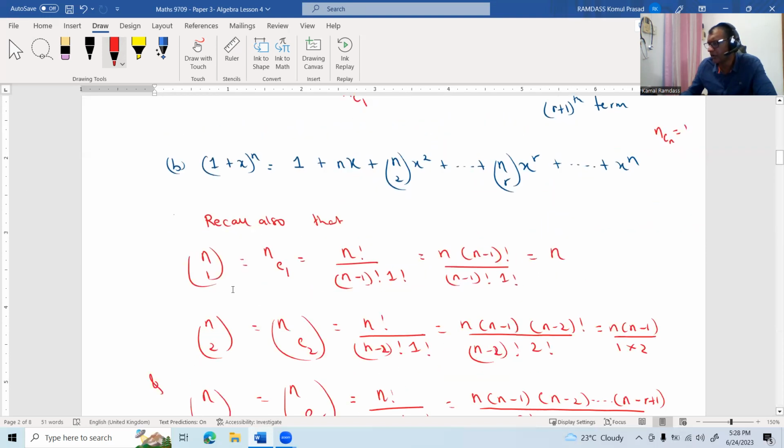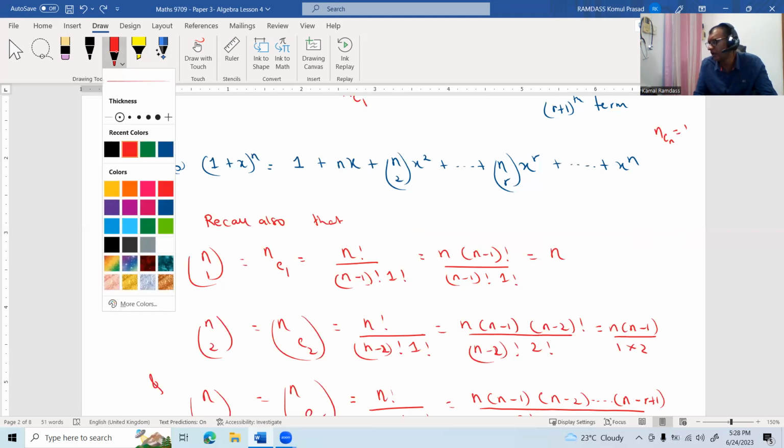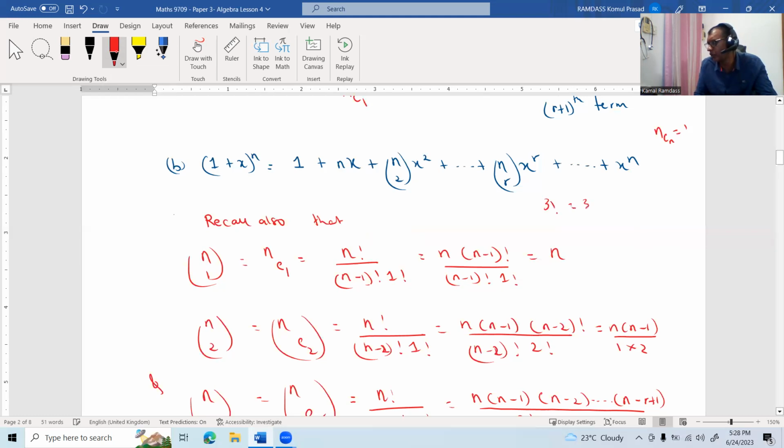Bon, nous recall also that nC1 est égal à n factorial divided by n minus 1 factorial, 1 factorial. Et là, on est capable de remplacer ça par n times n minus 1 factorial divided by, parce que recall que 3 factorial est égal à 3 fois 2 fois 1 et est égal à 3 fois 2 factorial.